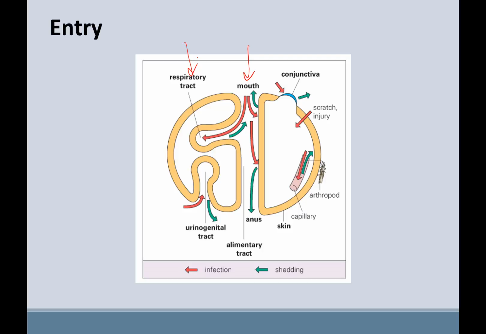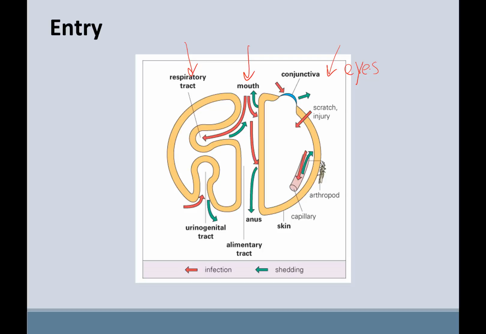The other most common entry mechanism for pathogens is actually our eyes, the conjunctiva. Okay, and unfortunately, probably while you're watching this as I talk, you'll have this irrational need to itch your eyes, scratch your eyes, right?